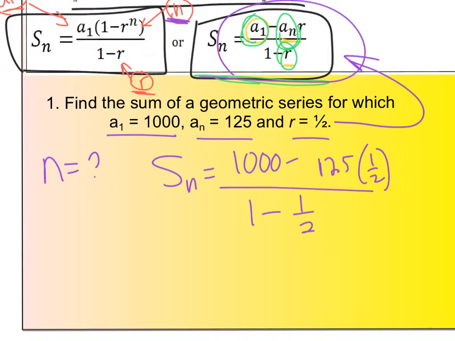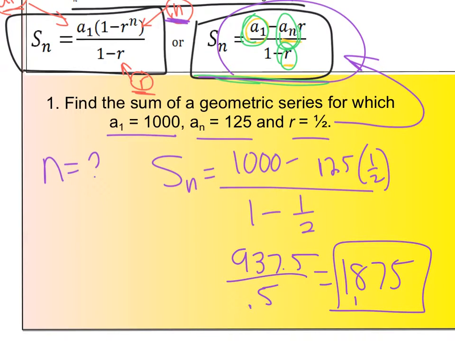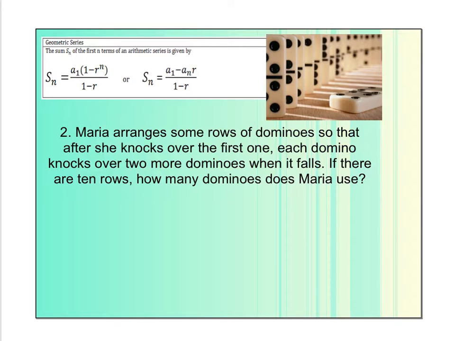When I do that, 937.5 divided by 0.5 is going to be 1,875. So there is my answer, 1,875.